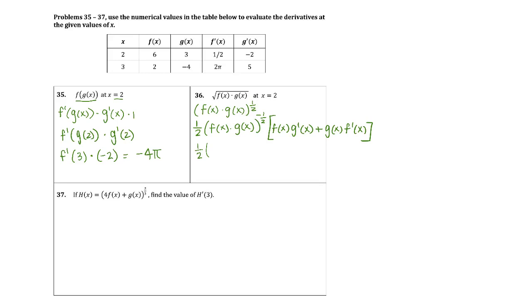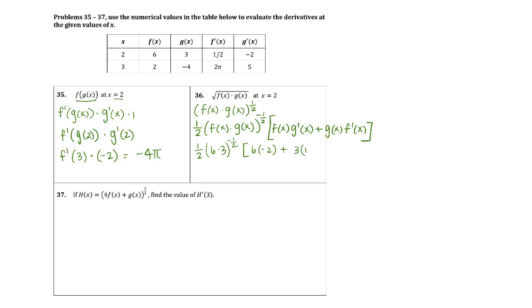So we're going to have 1/2 times 6 times 3, and all of that's to the negative 1/2 times, well, f at 2 again. Well, f at 2 is 6, so we're going to have 6 times g prime at 2, which is negative 2, plus g at 2, so 3 times f prime at 2, which is 1.